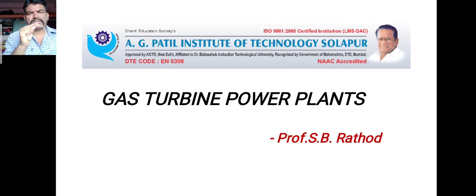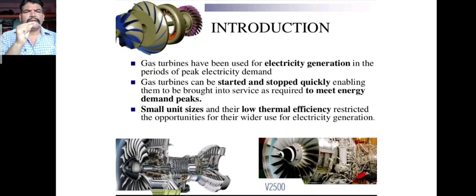Today I am going to discuss the topic of gas turbine power plants, also called GTPP. In the introduction of gas turbine power plants, gas turbines have been used for electricity generation in periods of peak electricity demand.